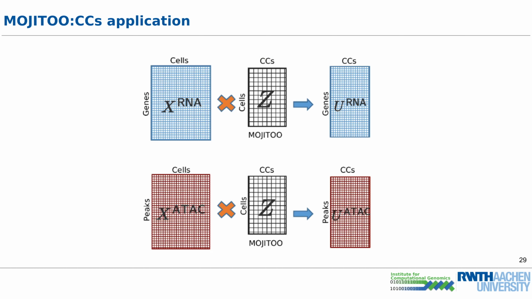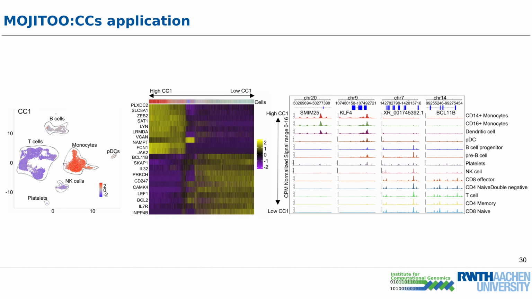If we multiply the original feature matrix with the MOJITOO components, we can also explore the feature by CC matrix, like here the gene by CC matrix and peak by CC matrix. And the top features in each CC are cell type specific. For example, here the heat map shows the top 10 genes, both positive and negative, of CC1, where we order the cells by CC scores.